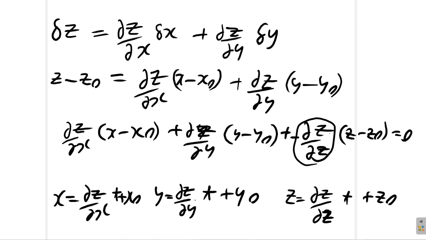So it's negative t that you would have. Negative 1 t. So the parametric equation for the normal line in that case would be z equal negative t plus z naught. Alright?